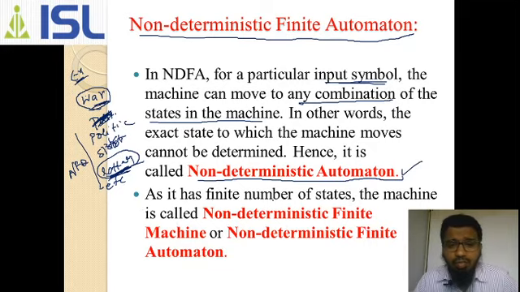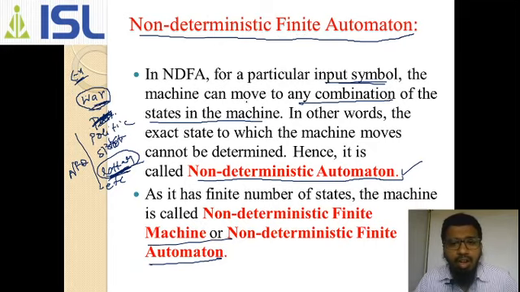As it has a finite number of states, the machine is called a non-deterministic finite machine or non-deterministic finite automation. So this is an NDFA. I hope you understand this.